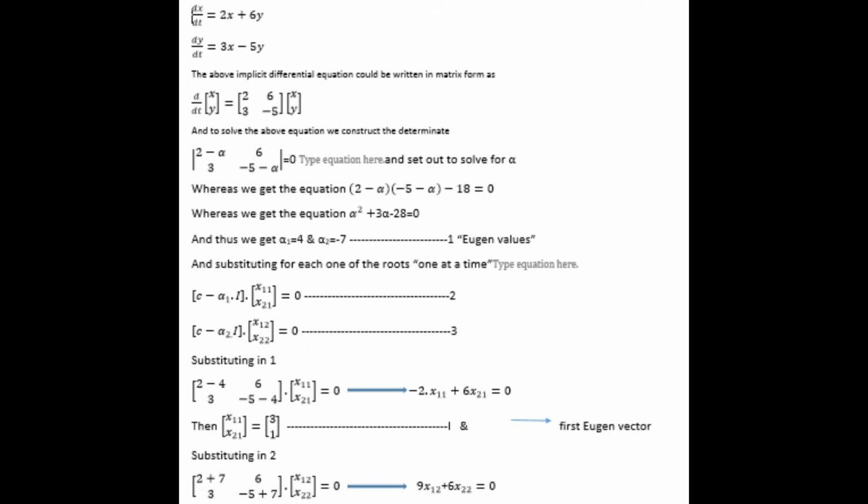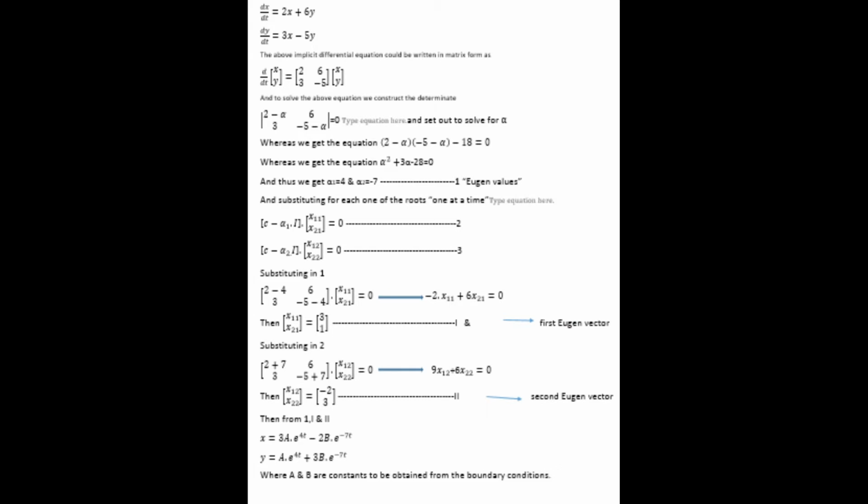And similarly, substituting 2, we have the matrix 2 plus 7 6 3 minus 5 minus 7 into column matrix x12 x22 equals 0. We get the relation 9 x12 plus 6 x22 equals 0, from which we can form the matrix equality column matrix x12 x22 equals column matrix minus 2 3.